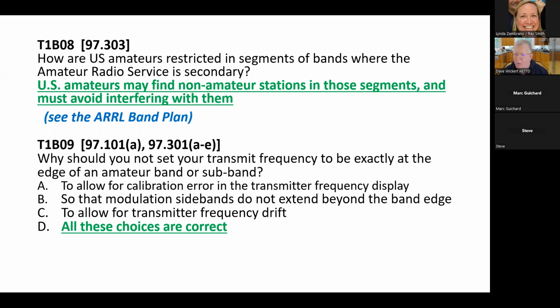So if you are listening to the radio and you hear a buzzing signal on the 70 centimeter band where we're secondary, then you must move and you should not interfere with them. So when you hear interference on some of the amateur radio bands, we may not be primary on that band, and we must move and we must not interfere with them. Sometimes it's hard to detect what a radar station looks like, but you need to be careful.